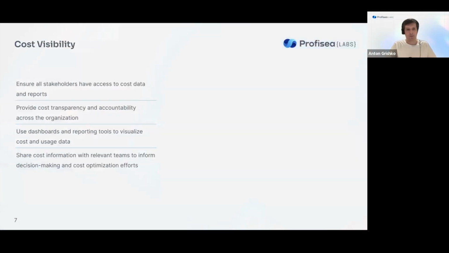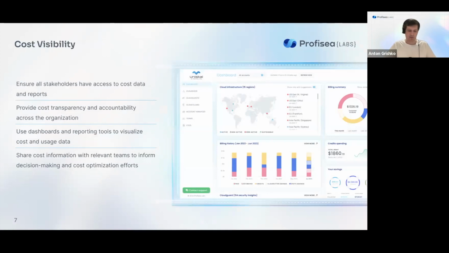Moving next. Cost visibility. I talked about that a little bit in one of the previous slides. Now let's talk about that more deeply. So what is cost visibility? It's clear how much you're actually spending, how much your company is spending on infrastructure.